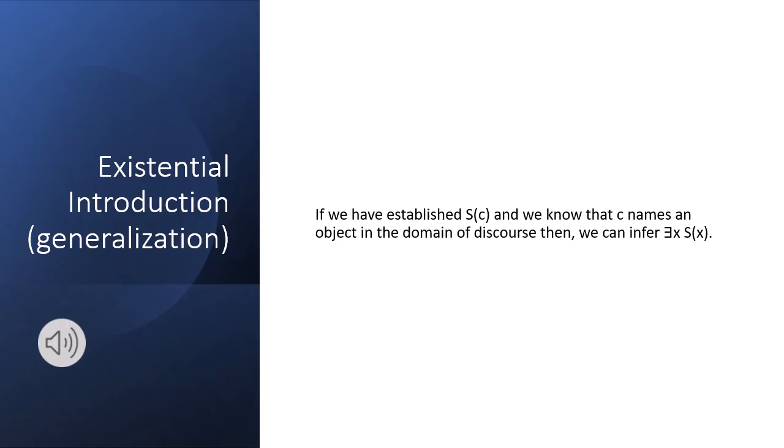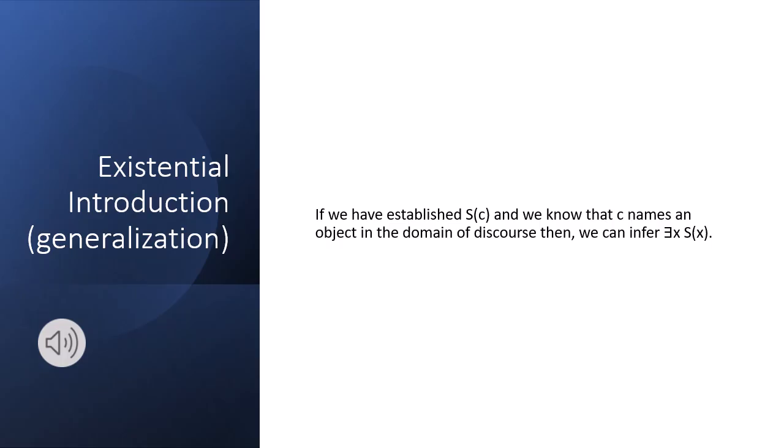Another similar and equally trivial rule is existential introduction, and this sometimes goes by the name of generalization. And what it says is the following. If we've established that the predicate S is satisfied by some object named by c, in other words, S of c is true, and we know that c is in our domain of discourse, so what we're referring to, then we can infer the quantified statement, there exists an x, S of x.